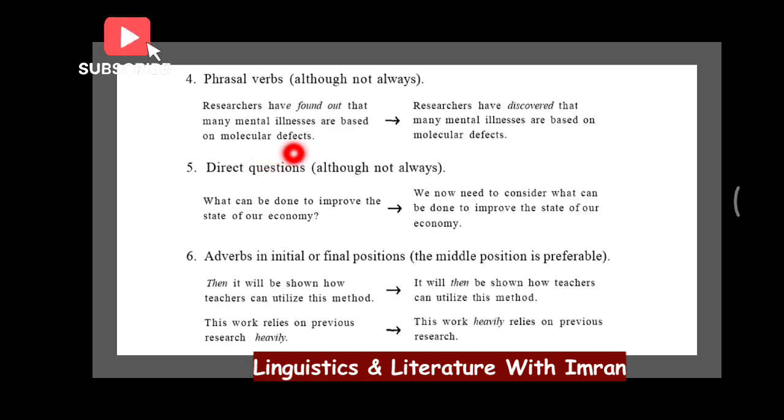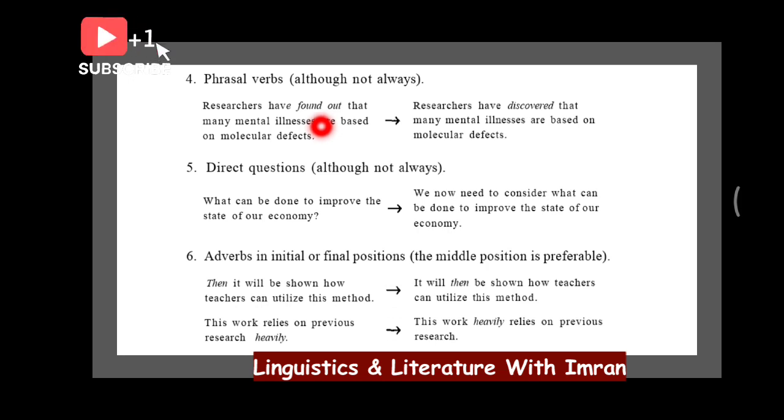So where we use a phrasal verb here, that is "found out." Phrasal verbs are avoided in academic language. For example, "researchers have discovered that many mental illness are based on molecular defect." You can see here that instead of "found out," we use "discover." Yes, sometimes we also use "found out" in academic language, but not all the time.